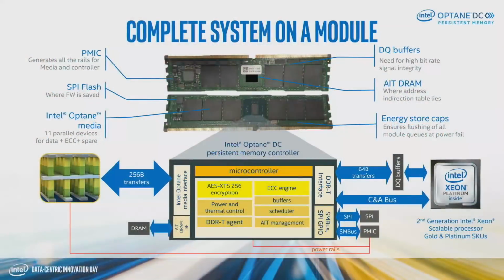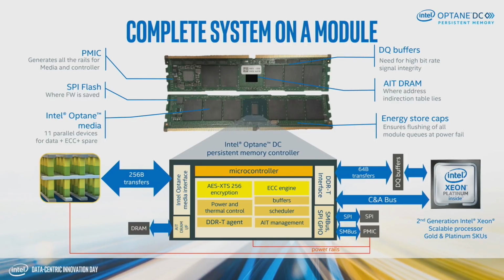Okay? So if you look at this module, you will find that it's actually a system on a DIMM form factor. There's a lot of components in there. Besides the 11 Optane devices, you have a power management IC that generates all the rails for the Optane media as well as the controller, because we have to live with the rails that come to the DIMM, which is only 12 volt and 1.2.